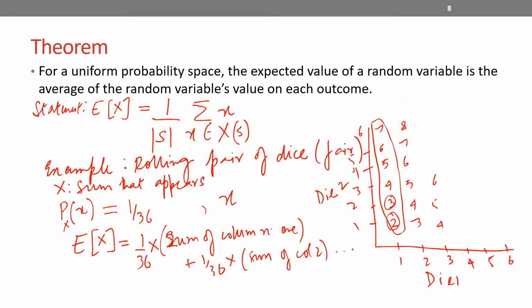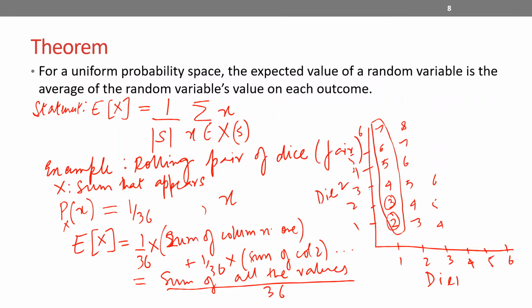and so on. If I simplify this, all I'm doing is getting the sum of all the possible values, and there are 36 of them, obviously 6 times 6, over 36.